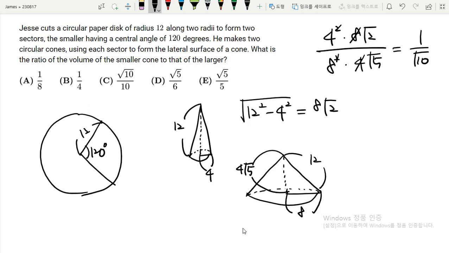Which fraction is equal to this 1 over square root of 10? Can you hear me? Yep. So rationalize this 1 over square root of 10. Yep, C is the answer.